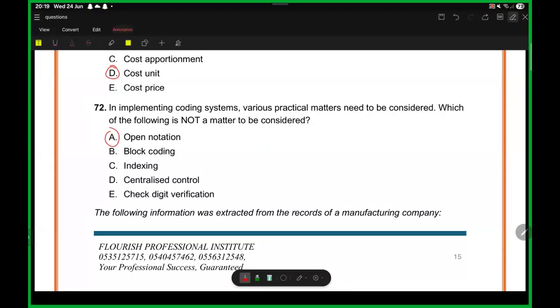So the open notations, sometimes when you are dealing with Python for the first time, they will tell you print hello world. Whether you are putting the quotation as one or double, it will not even affect it. It will still print the hello world for you. But when you are using block coding, indexing, centralized control, check digit verification, it mostly causes that. So the answer here will be A.